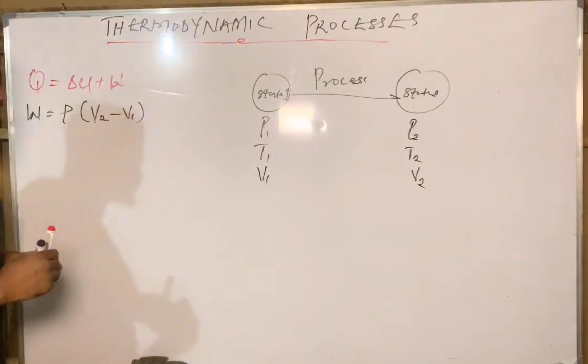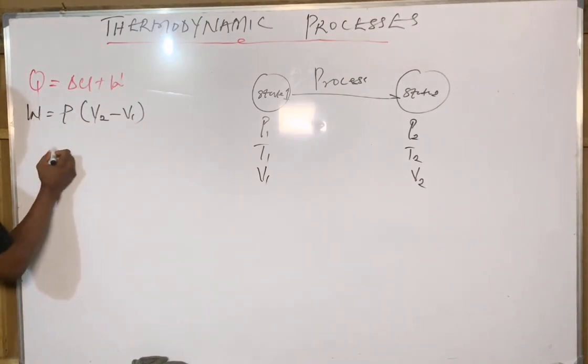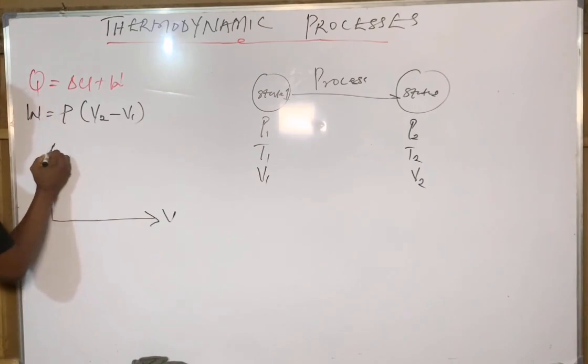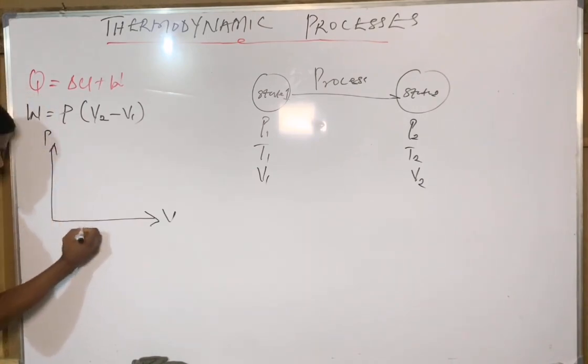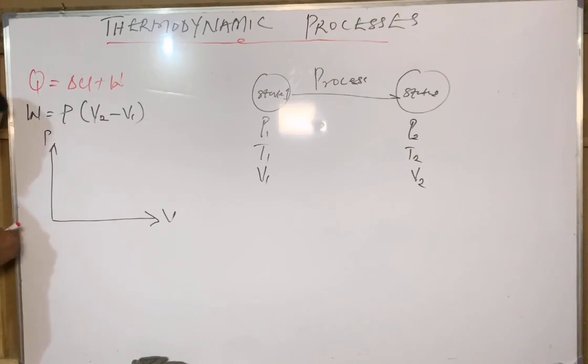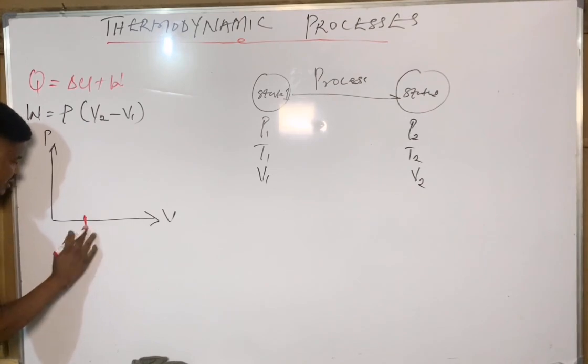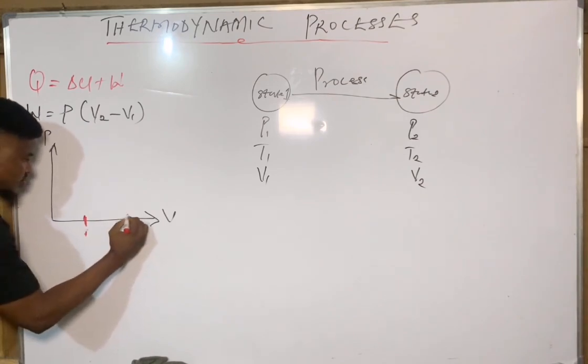Now let's see what that looks like on a PV diagram. So this is our pressure volume diagram. Let's define this as our state 1, and let's define this as our state 2.